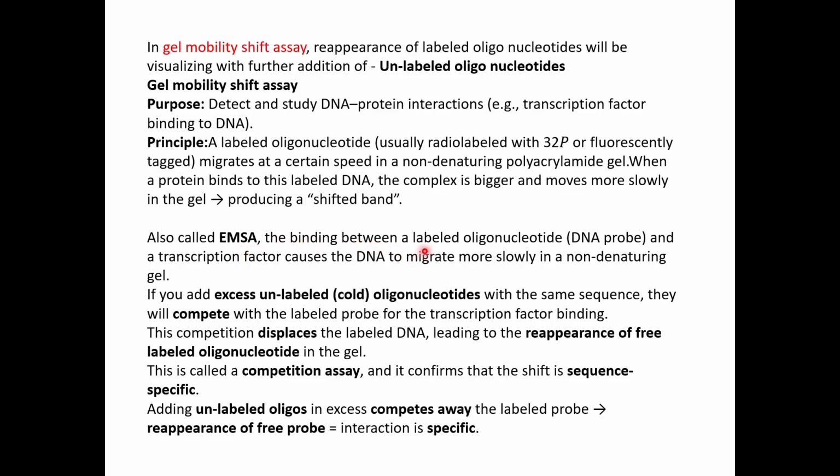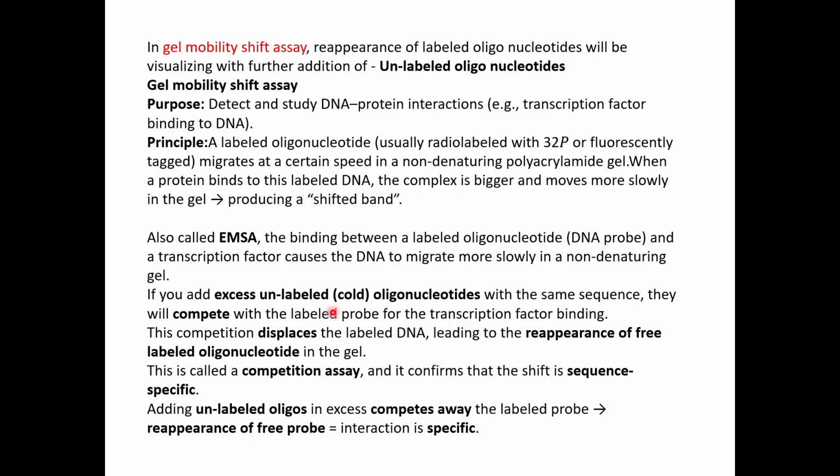The binding between a labeled oligonucleotide, that is your DNA probe, and a transcription factor causes the DNA to migrate more slowly in a non-denaturing gel. If you add excess of the unlabeled oligonucleotide, which is also called cold nucleotide, so your radioactively or fluorescently labeled DNA is called hot oligonucleotides, and your unlabeled ones are called cold nucleotides.